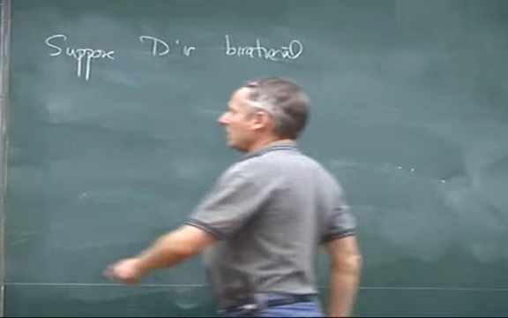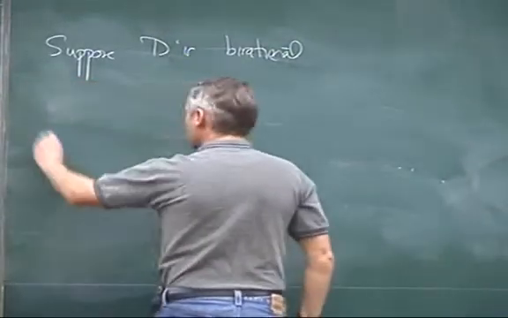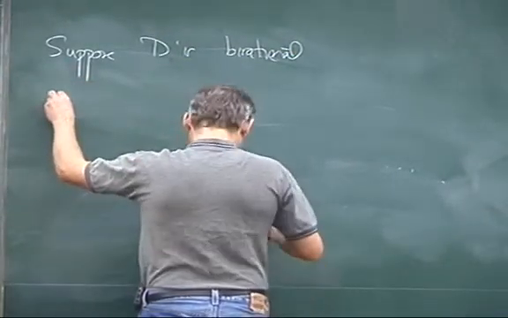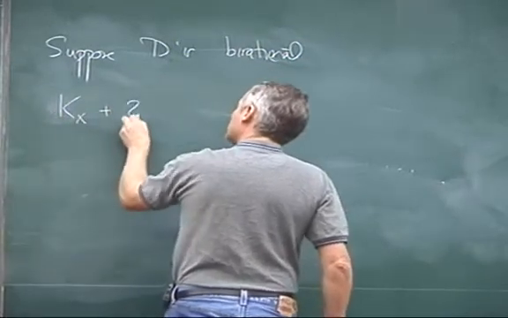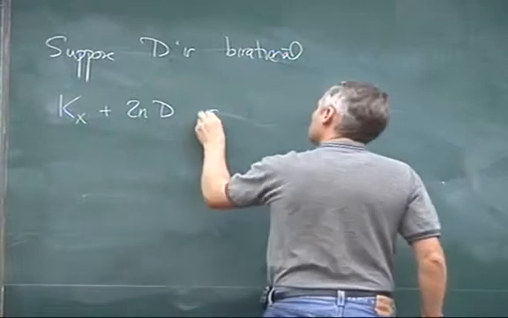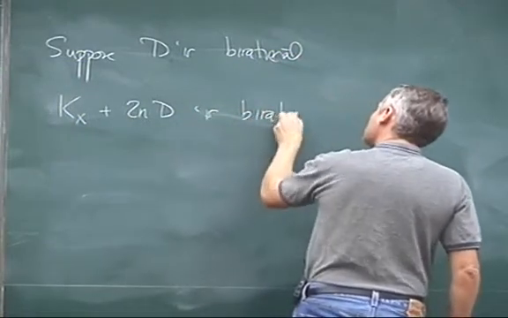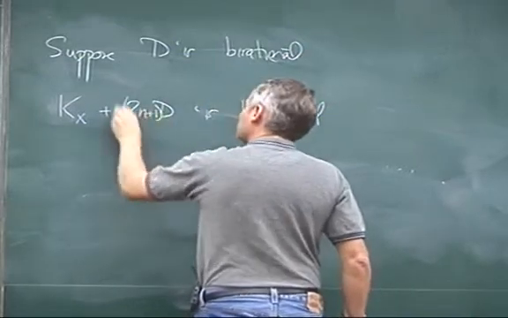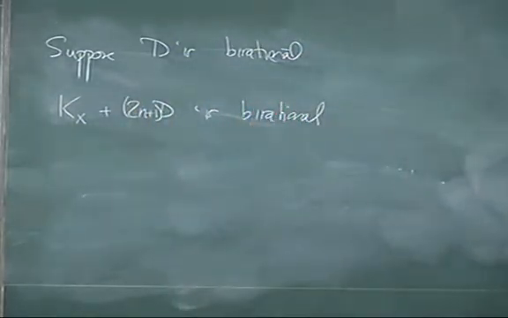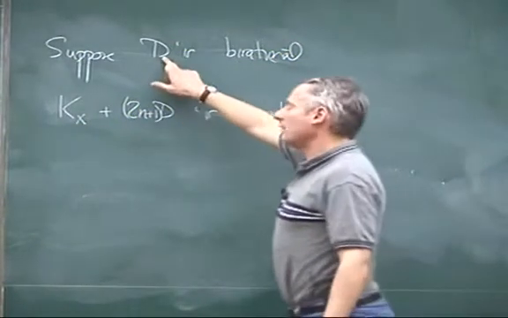The sneaky observation is that this tells you that Kx plus 2n times D is birational. Actually, maybe I want to say 2n plus 1.